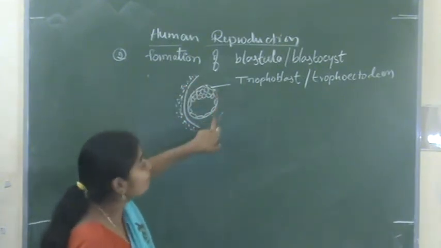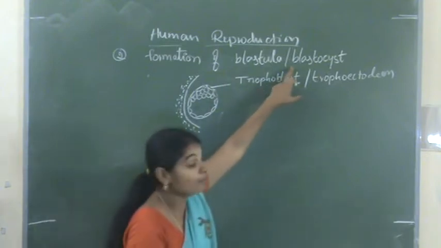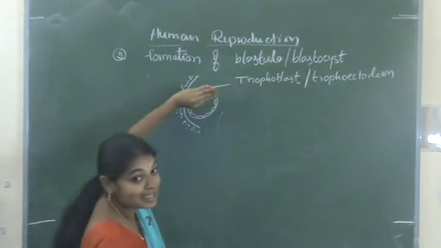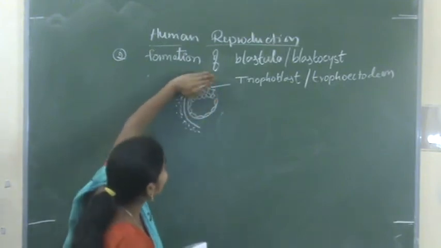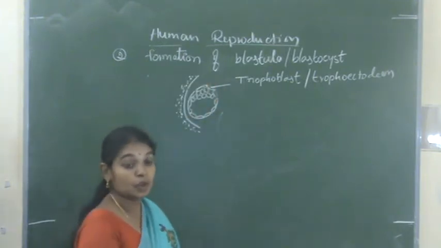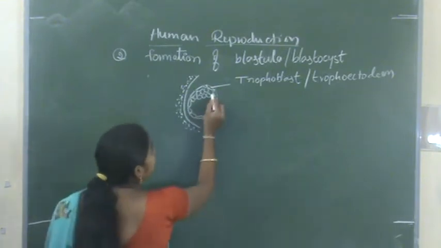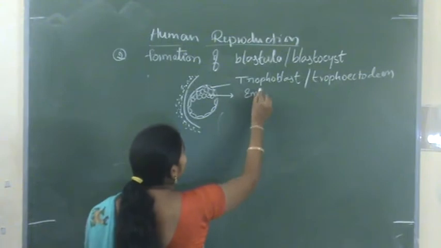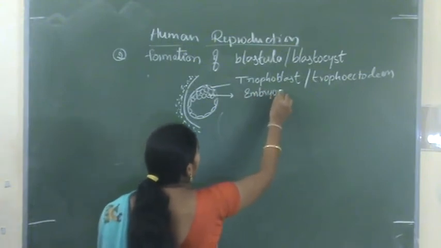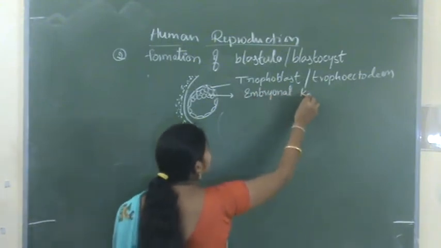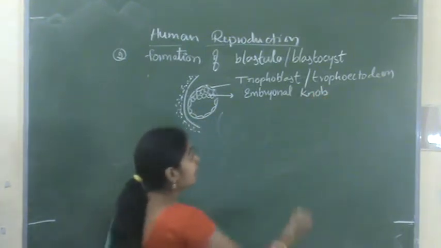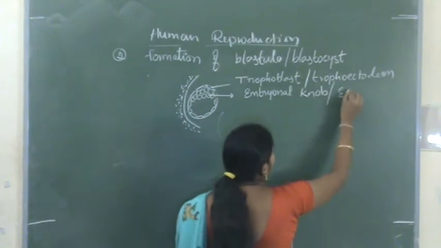But in this blastocyst, all these cells move to one end of the trophoblast, and this is now known as the embryonal knob, or embryo proper.